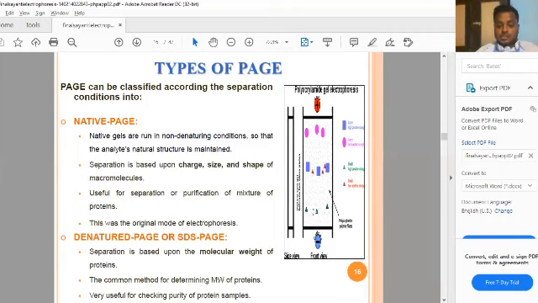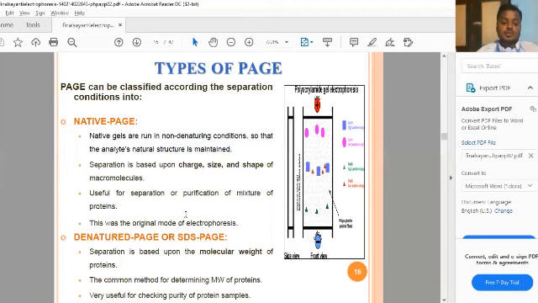You can see this picture. PAGE can be of two types according to separation conditions: native PAGE and denatured PAGE or SDS-PAGE. Native gels are run under non-denaturing conditions so that the analyte's natural structure is maintained, and the separation is based on the charge, size, and shape of the macromolecule.